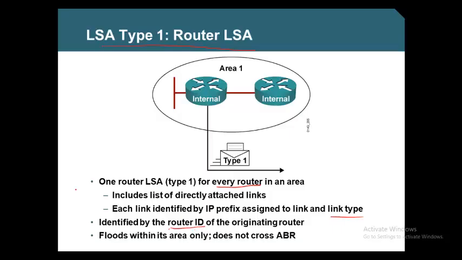So this is type 1 LSA, and this info is coming from every single router in an area, and this advertisement is flooded, but not to the entire autonomous system. It is flooded only within its area. This advertisement does not cross the border, does not go to another area.